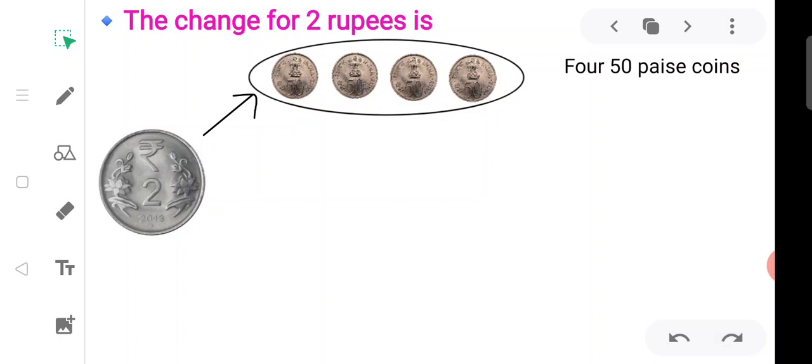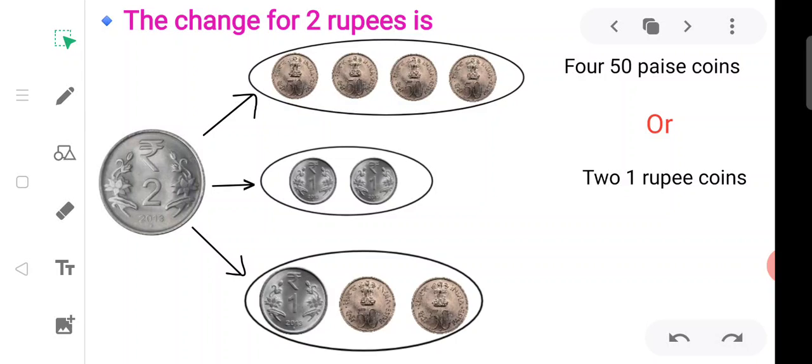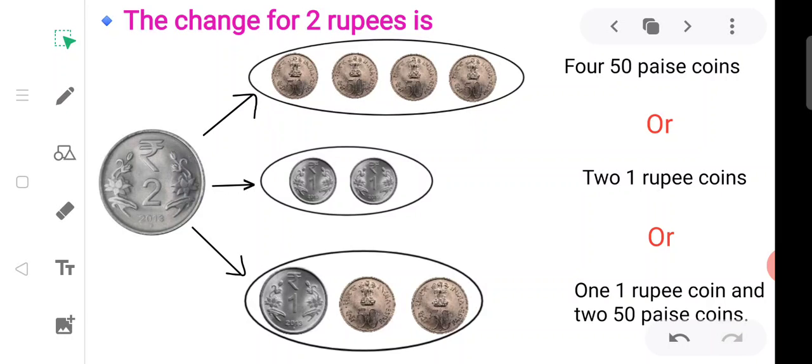And also we can take 2 coins of 1 rupee, or we can take 1 coin of 1 rupee and 2 coins of 50 paise.